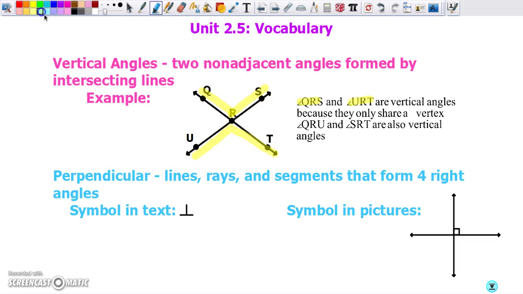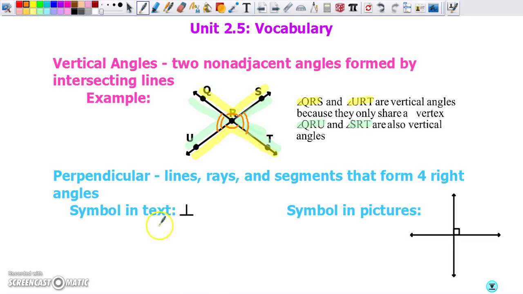A kind of trick to remember how they work and how they set up. And then SRT and QRU, those two are also vertical angles. Another thing that you need to write down is the fact that vertical angles are congruent. So those two right there will be congruent to one another, and these two here will be congruent to one another as well.